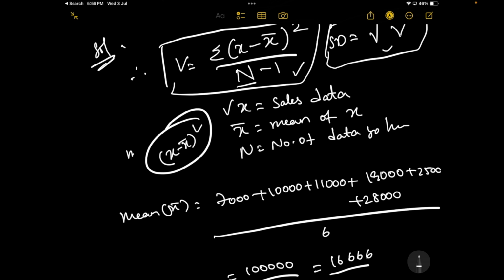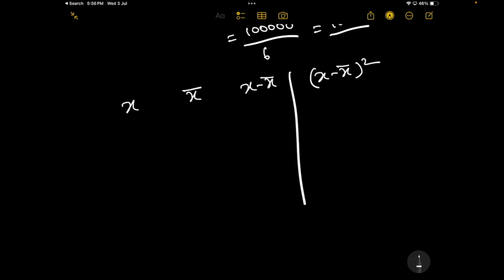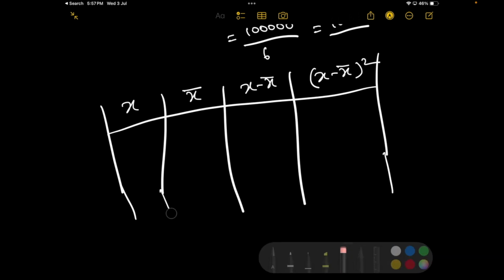To find that, you need to take a table here: x, x bar, x minus x bar, and (x minus x bar) whole square. This is the table you need to take. Lines are not straight, I know, but please adjust, guys.